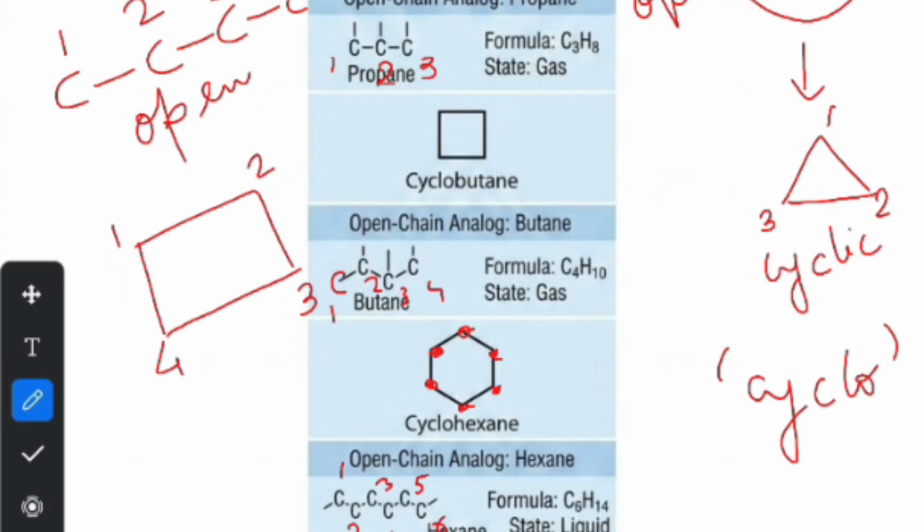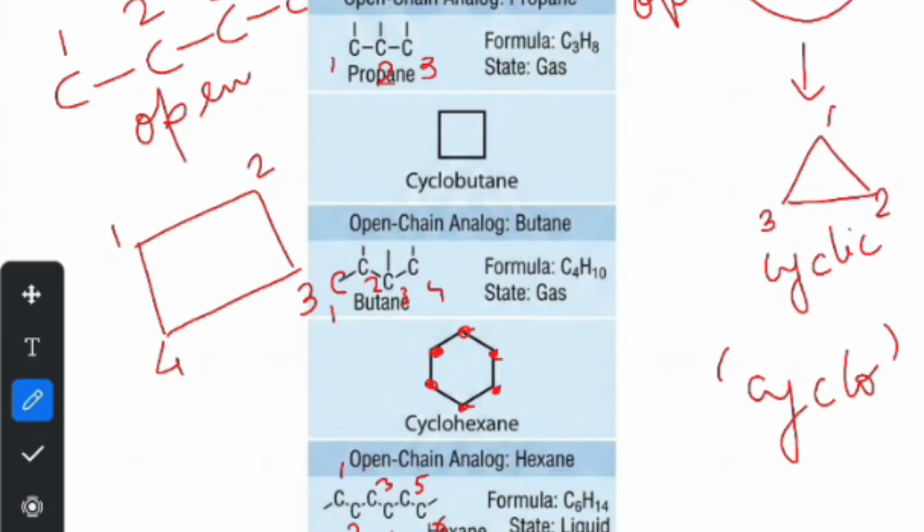And in cyclopentane, there are 5 carbon atoms. So when the first and the last carbon atom are joined together, they form a cyclic ring, and those are called the cyclic system.